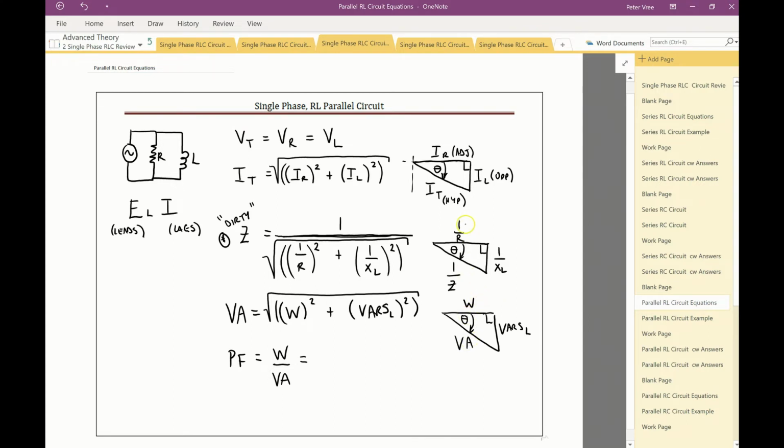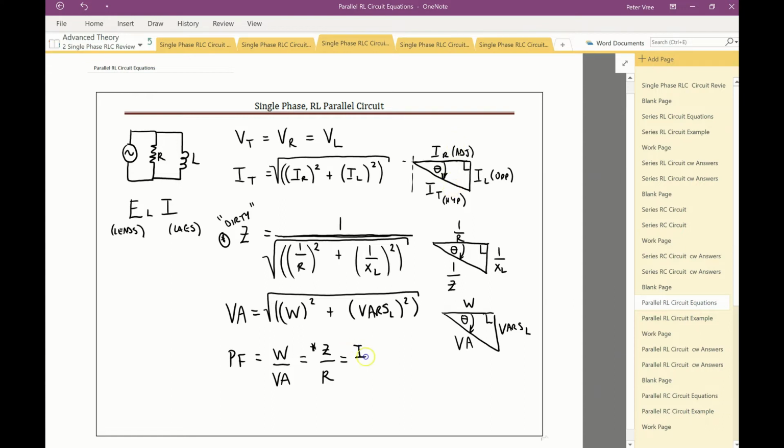This one's a little bit messed up because we have a double fraction. Instead of being R over Z, it's actually Z over R. The proof for that is that if you have 1 over R, and that's over 1 over Z, then you just take this and bring it up, and that is the same as Z over R. So we've got watts over VA, impedance over resistance, and resistive current over total current.